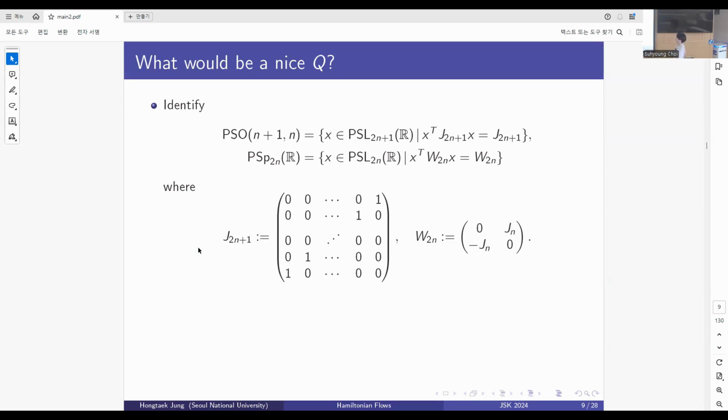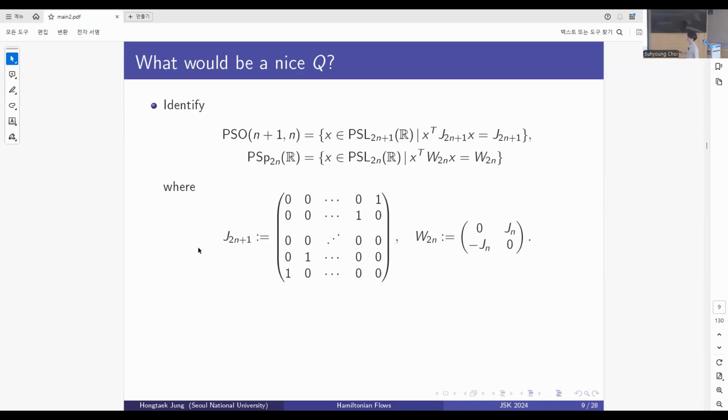So, let's define the following 2n+1 by 2n+1 matrix, whose anti-diagonal entries are all 1, and we have all zeros elsewhere. You can compute that this matrix has signature (n+1,n). So if you collect all the matrices that satisfy this equation, it becomes PSO(n+1,n).